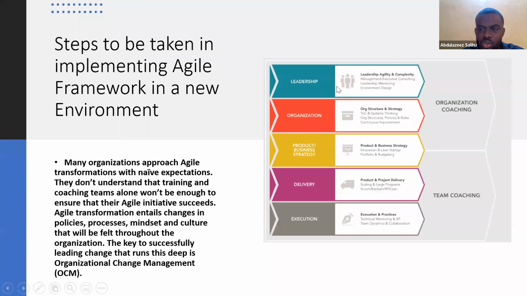This is one of the frameworks that is likely adopted by most organizations in transition, trying to apply Agile in a new environment. You have to ensure that your leaders are trained. They have to be the Agile champion. You have to have Agile champions in your leadership positions.